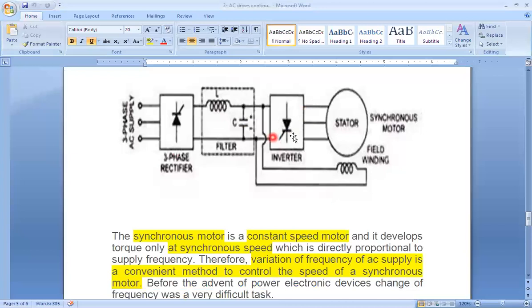Here the frequency can be changed by the inverter itself. The output DC voltage from this phase control rectifier is applied to the field winding so that we get the field MMF. Using this variable frequency and variable voltage, we get the variable speed of the motor.